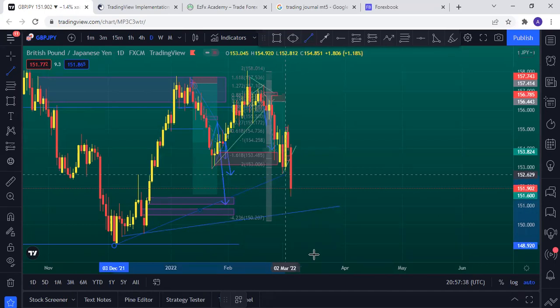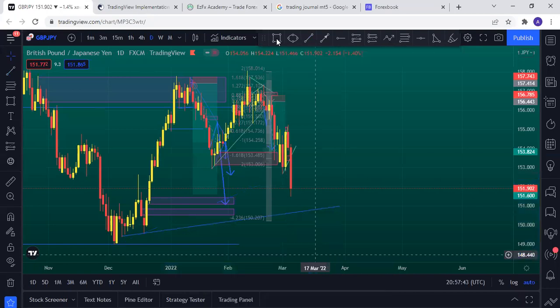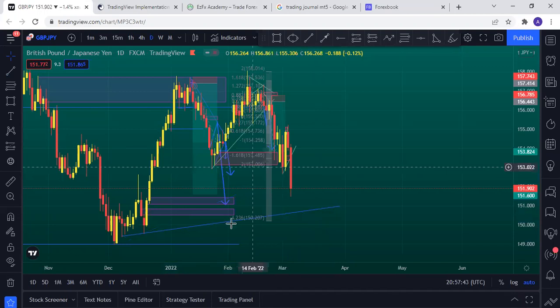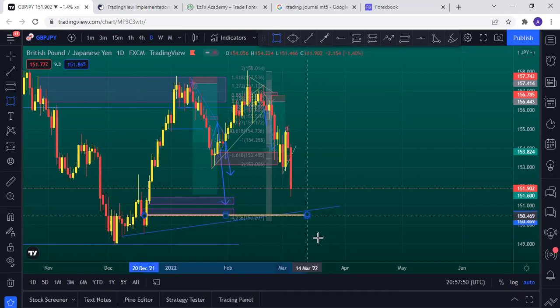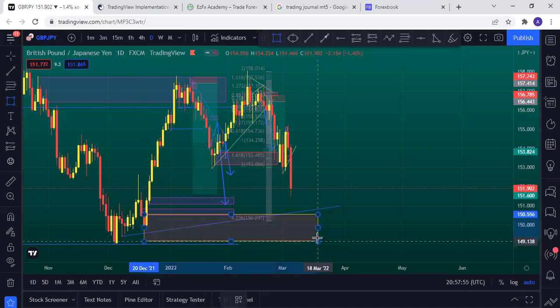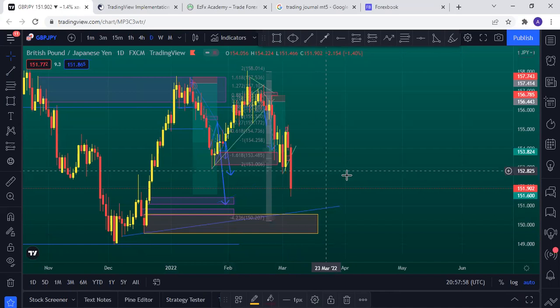So one of the major areas that I'm watching out for would be here, this complete area, this complete region here. I'll be looking for price confirmations around this area.